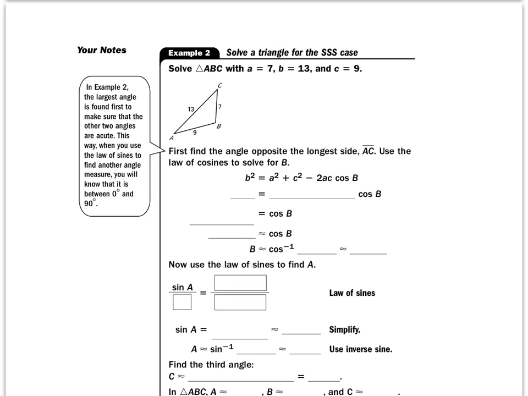Alright? Now, if they give us side, side, side, that is a little bit more difficult, and I'll show you why that becomes a little more difficult here. If you look at it, and here they chose to find B. You didn't have to choose to find B. You could have chosen C or A, whatever. But here we're going to choose B. Why not?